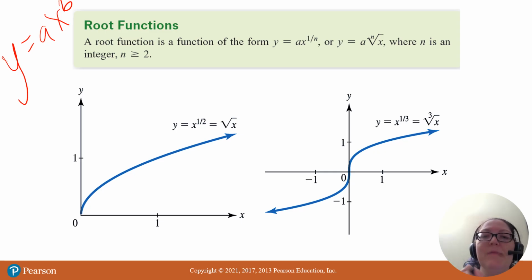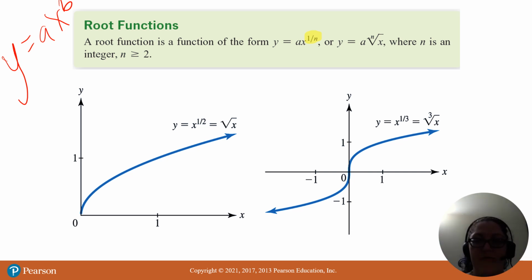Now, if b meets a very specific form, the form of 1 over a number, and we'll call that number an integer, meaning positive or negative here, then that meets the definition of what we call a root function. And again, it's a power function, but a very specific kind of power function.